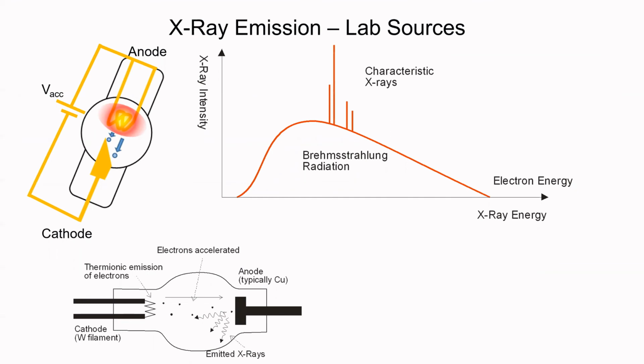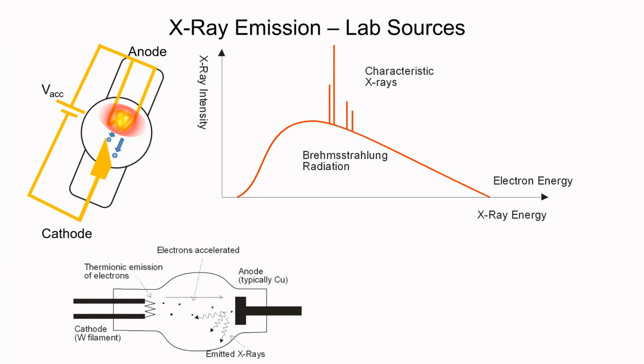Essentially what you're doing here is accelerating electrons. They're typically made by thermal emission. So you have a cathode which has a filament made out of tungsten. You heat it up, it gets very, very hot. Those electrons are released. And then you accelerate them across a large potential difference into an anode made of some kind of metal.